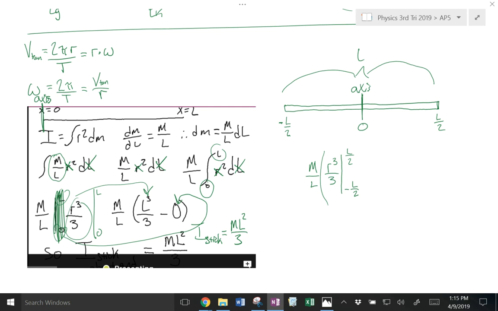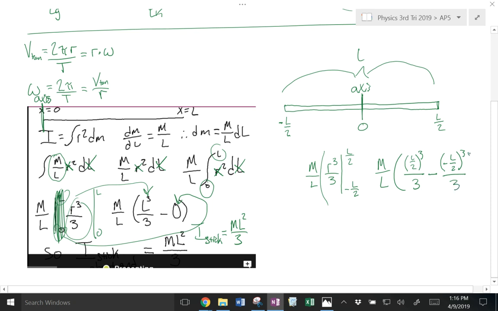So the long story long is that I've got M over L, and this is going to be L over 2 cubed over 3, and then I'm going to minus negative L over 2 cubed over 3. And so then we'll do some math here.